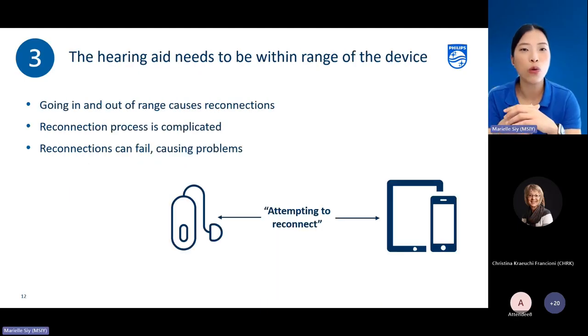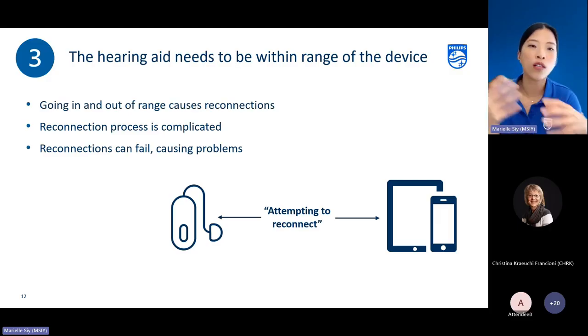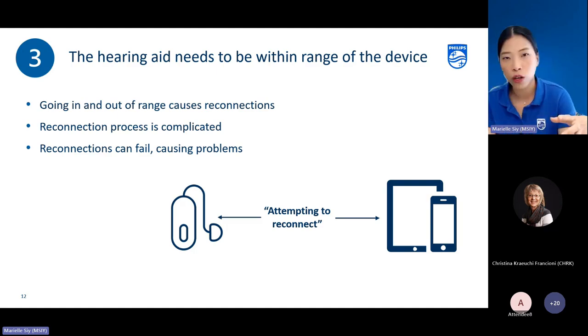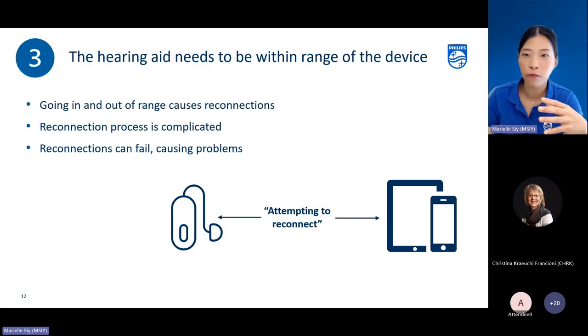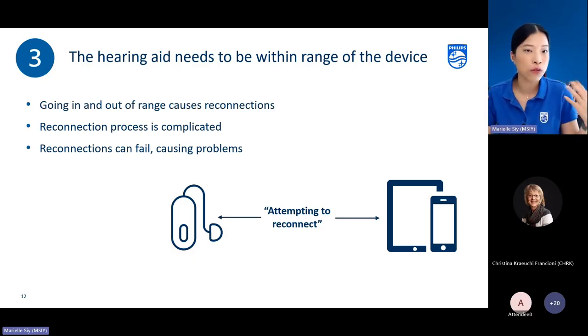So one of the most difficult scenarios for keeping a stable connection is if the user walks in and out of range of the connected device, causing reconnections. The reconnection process is complicated and can fail, which leads to disconnection. Hearing aid users are at a greater risk of walking away from their phone than headphone users, if you think about it.